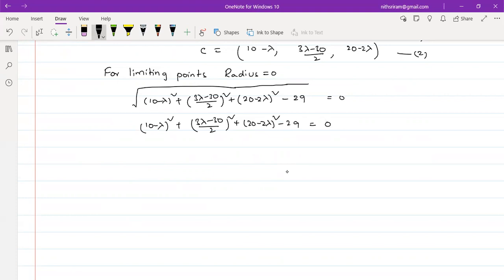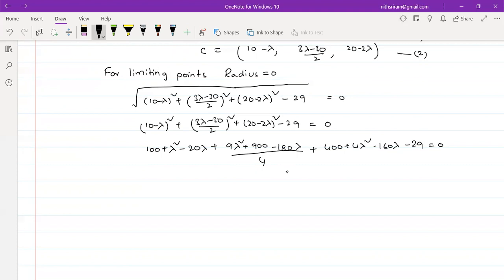On expanding the terms, we get 100 plus lambda square minus 20 lambda plus 9 lambda square plus 900 minus 180 lambda by 4, plus 400 plus 4 lambda square minus 160 lambda minus 29 is equal to 0.